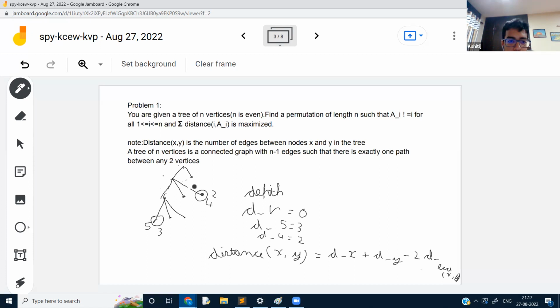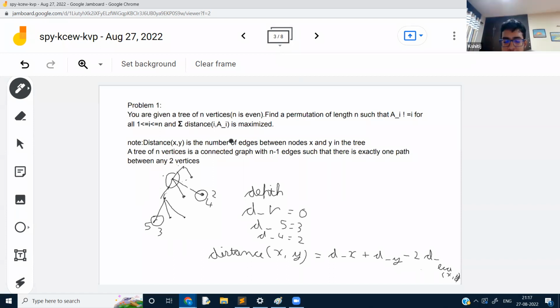And for node 4, this node and this node are ancestors. Now, these two are the common ancestors, and the lowest common ancestor is this. Did everyone understand the lowest common ancestor? Yeah.